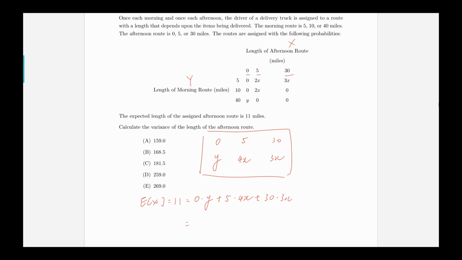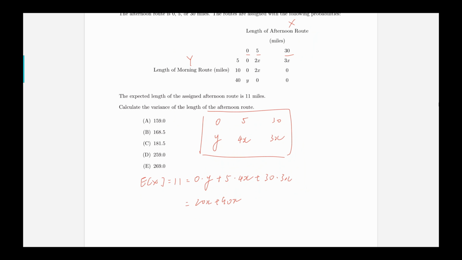If the coefficient of y is a non-zero number, there's probably more than one unique answer, or it is unsolvable. Because we have a 0 here, it's very easy to find x. This is 20x plus 90x, which is a pretty decent number because 20 plus 90 equals 110. So that gives us x equals 0.1.